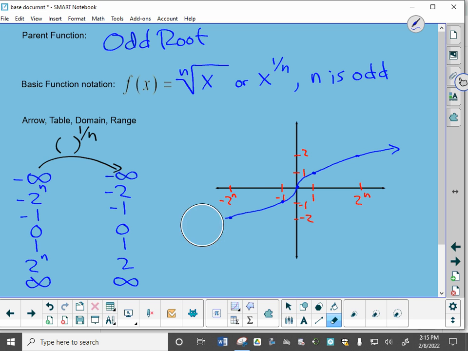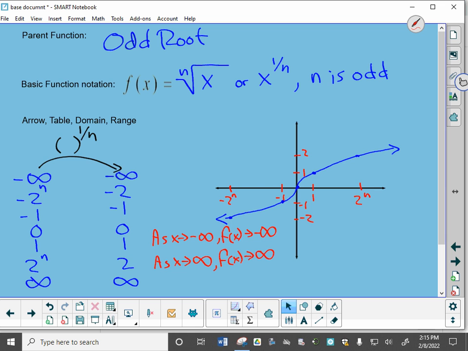I'm going to take some of the end off of this to fill in my end behavior descriptions. So I can definitely say that as x approaches negative infinity, we can see from the very top part here, my f of x also approaches negative infinity. And as x approaches positive infinity, f of x approaches positive infinity.